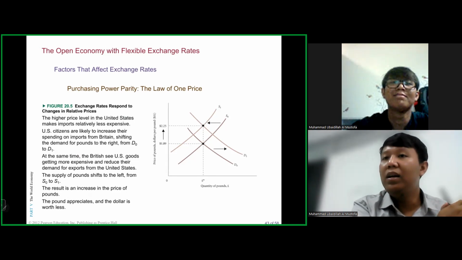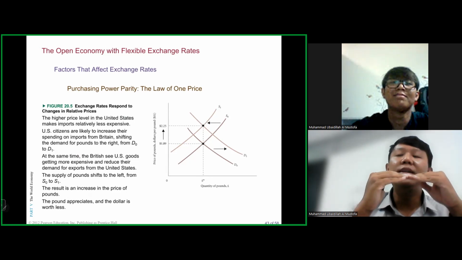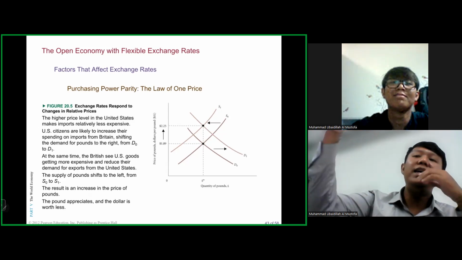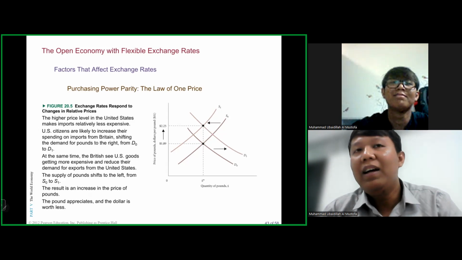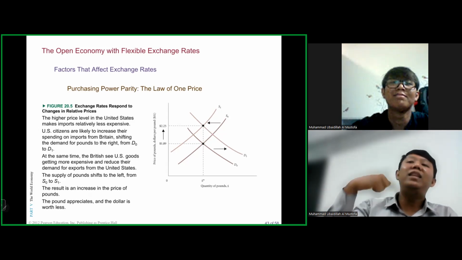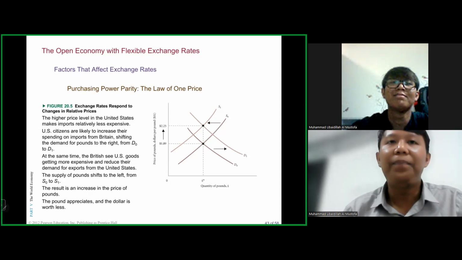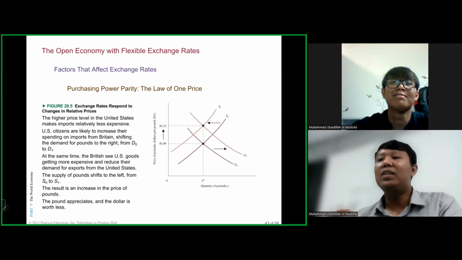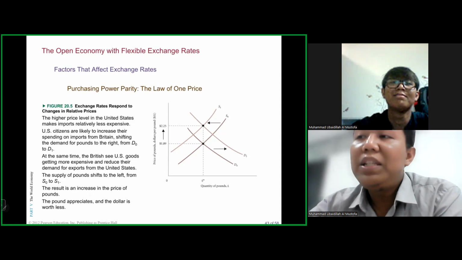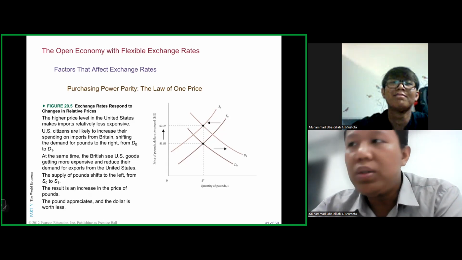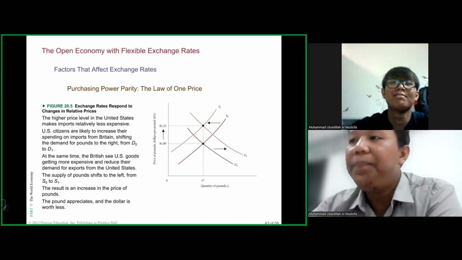Because we have inflation, it will make our local products more expensive. In turn, we will see that foreign products become less expensive. The imported goods compared to our local goods become less expensive. So the US citizens, our local citizens, are likely to increase their spending on imported goods, for example from Britain.